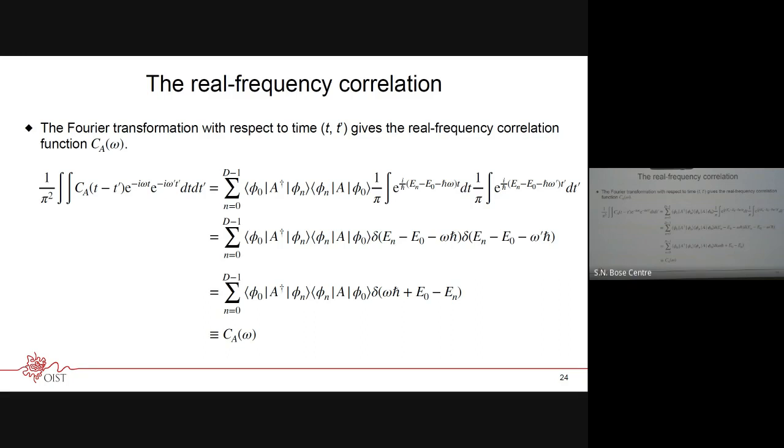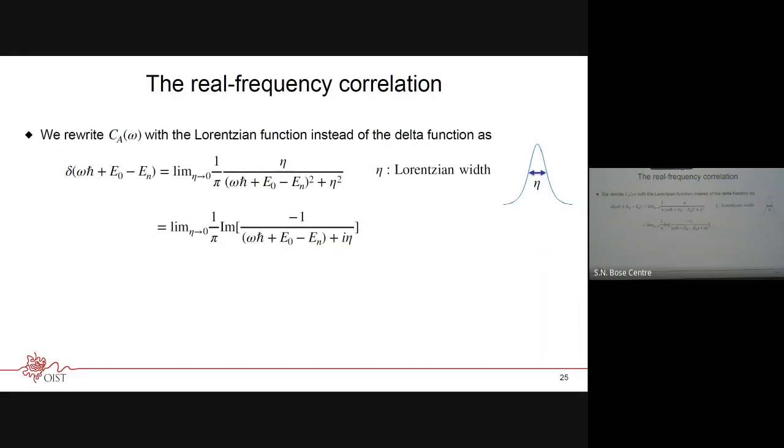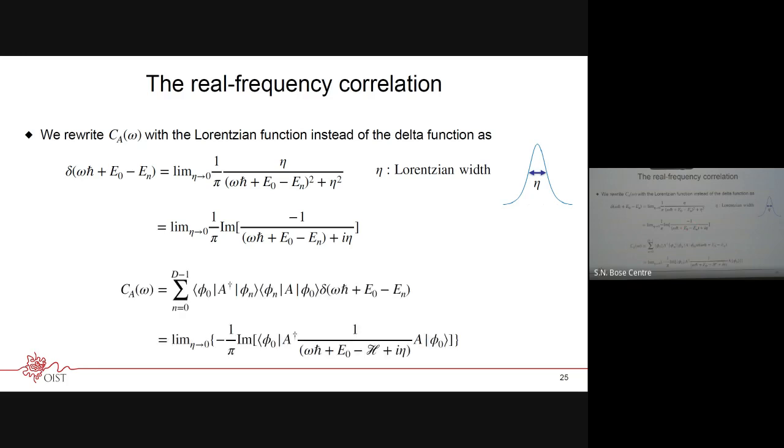So to compute the spin dynamics, we should deal with this equation. The delta function is a little bit difficult to deal with on the computer, I think. So we are thinking about how to write this delta function in the form of a Lorentzian function. So this delta function can be rewritten by using this Lorentzian function, with the Lorentzian broadening eta here.